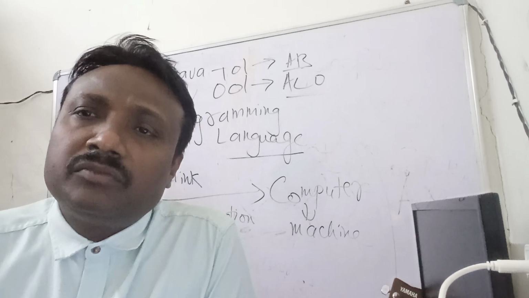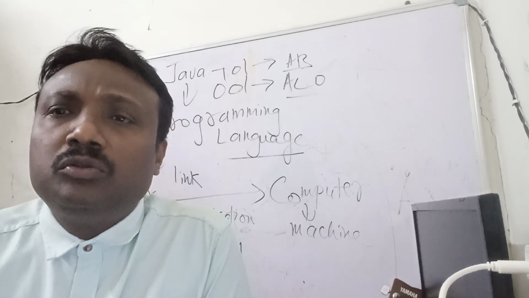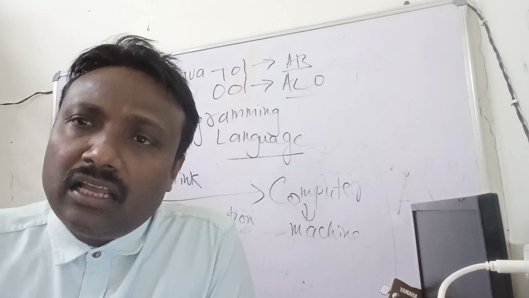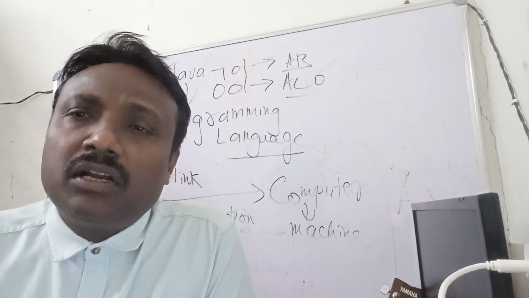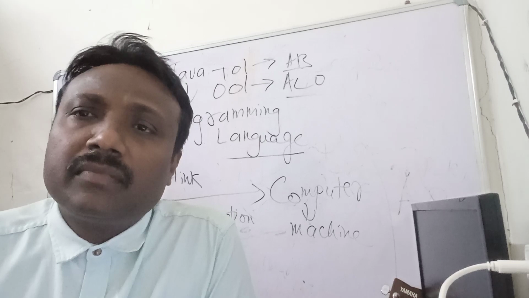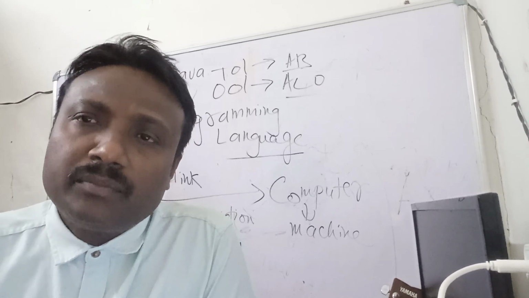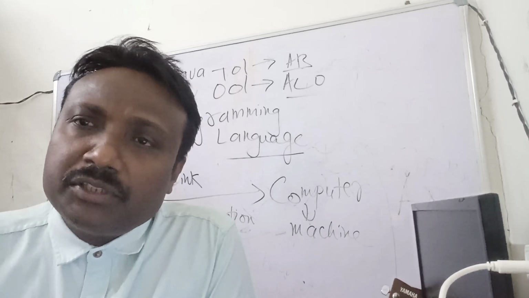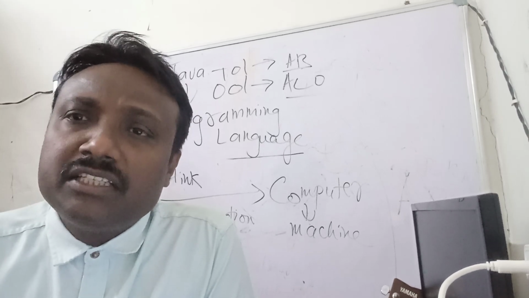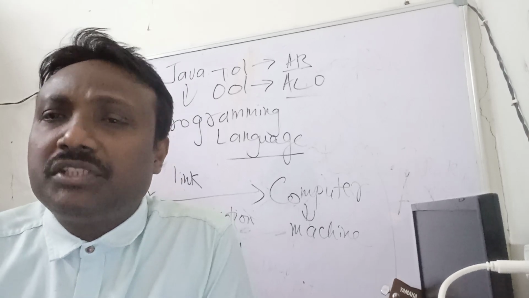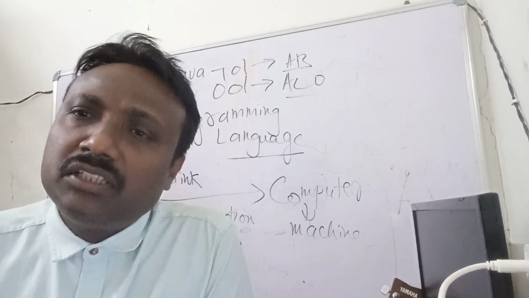The instructions only worked on those machines. A program written for IBM computers cannot be run on HP or Dell computers, because the machine and the operating system changed. This was the biggest drawback of assembly and machine language.